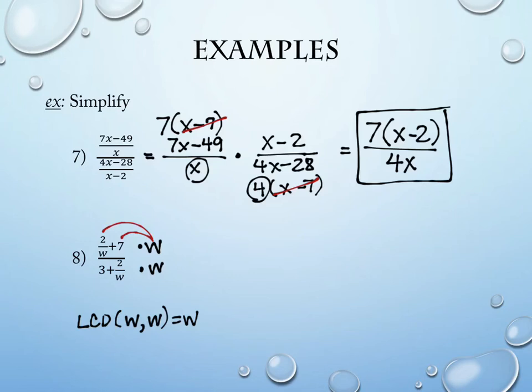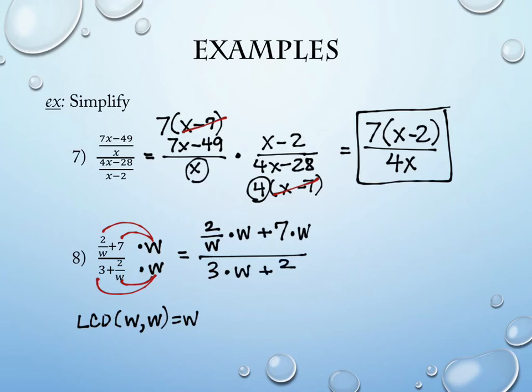Again, it has to distribute. So I'm going to write it out. If you don't need to see it written out, that's your call. But be very careful. This is 2 over W times W plus 7 times W, over 3 times W plus 2 over W times W.